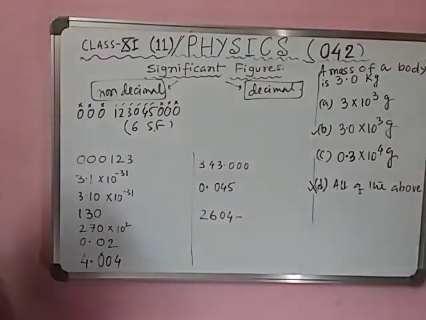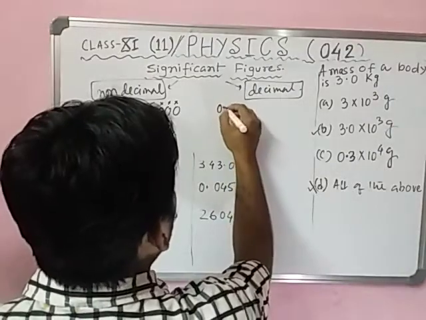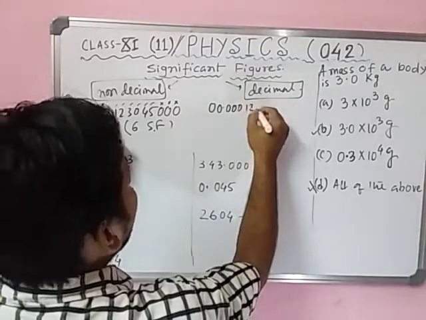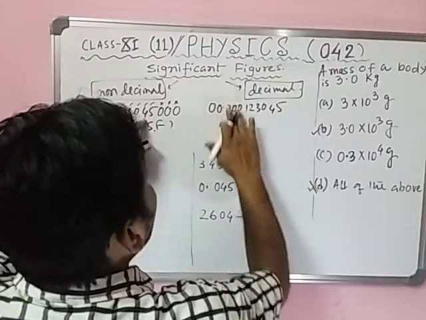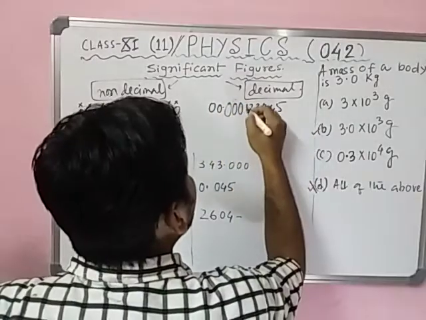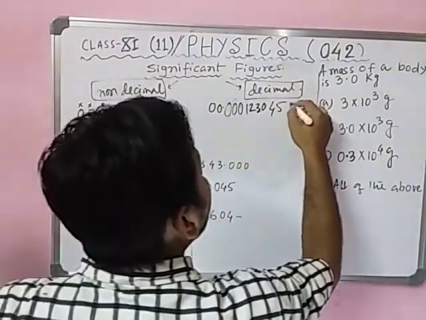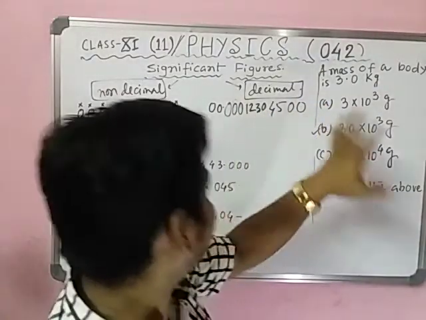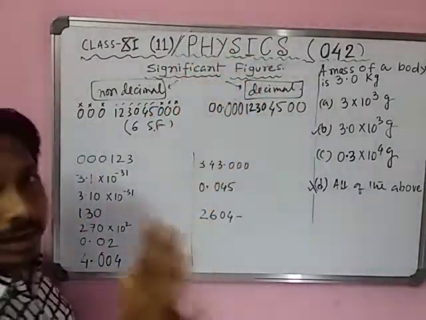So it's very easy. Our next example is for decimal numbers. Think of the number 0.000123045 followed by 0 0. Students, listen very carefully.